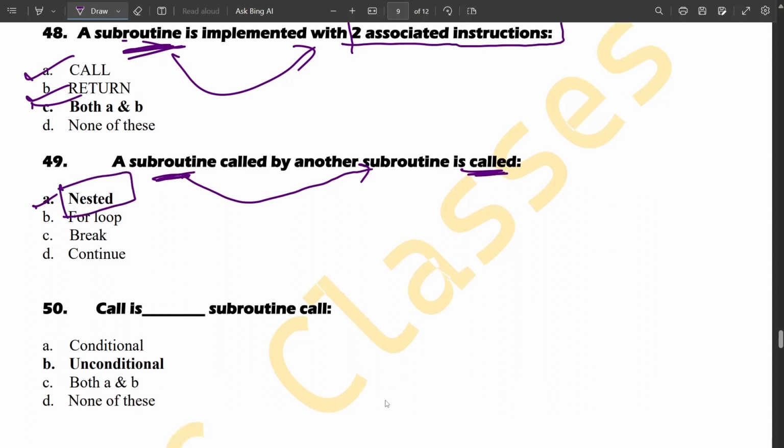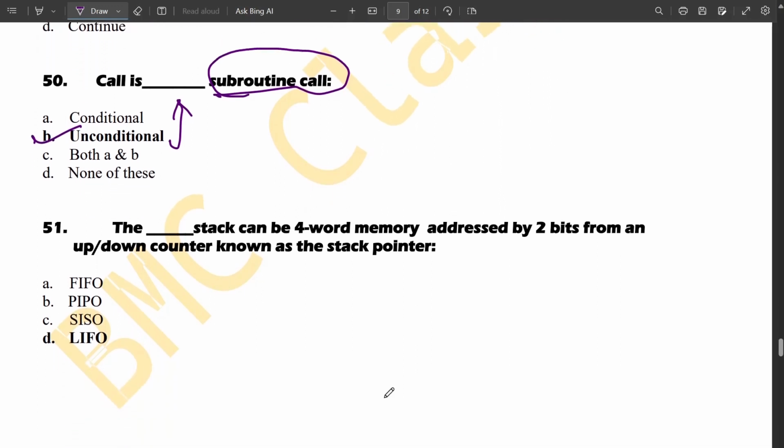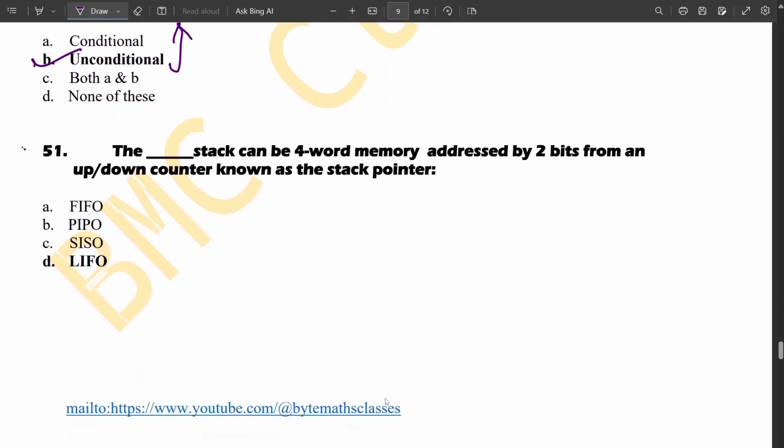Next, call is which type of subroutine? Call is an unconditional subroutine. Option number B is correct. 51. The stack can be a 4-word memory addressed by 2 bits of an up down counter known as the stack pointer.